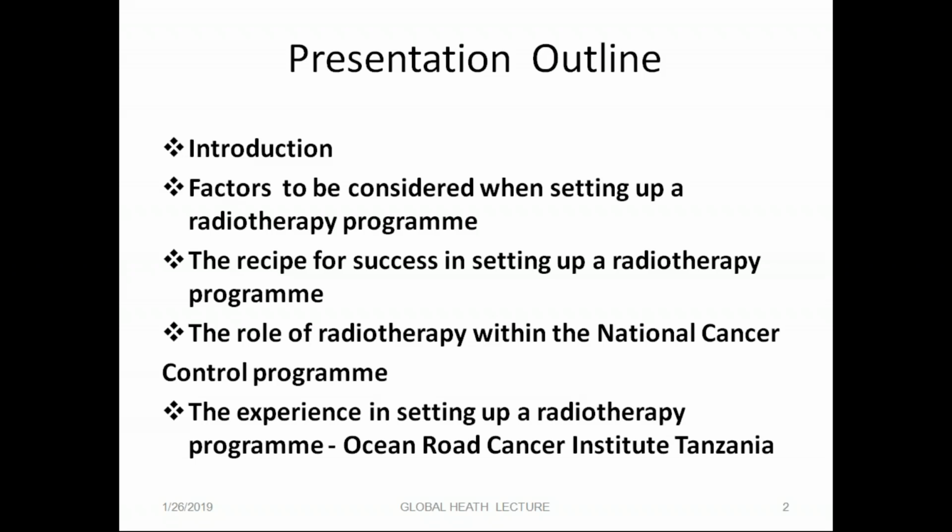I will share with you the recipe for success in setting up a radiotherapy program in low middle income country, especially focusing on Africa and Tanzania specifically. Then I will touch on the role of radiotherapy within the National Cancer Control Program and share with you my experience in setting up a radiotherapy program at the Ocean Road Cancer Institute in Tanzania.